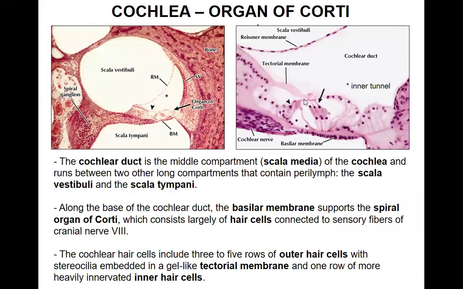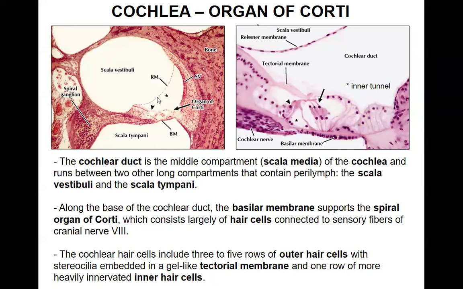And now let's see the organization. So you have here the bony labyrinth, the scala vestibuli and scala tympani, and the membranous labyrinth, the cochlear duct or scala media. This is bone surrounding, but here this is soft tissue.